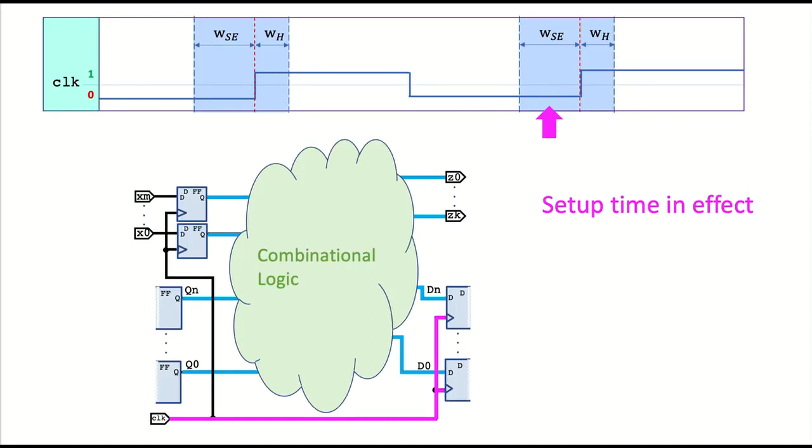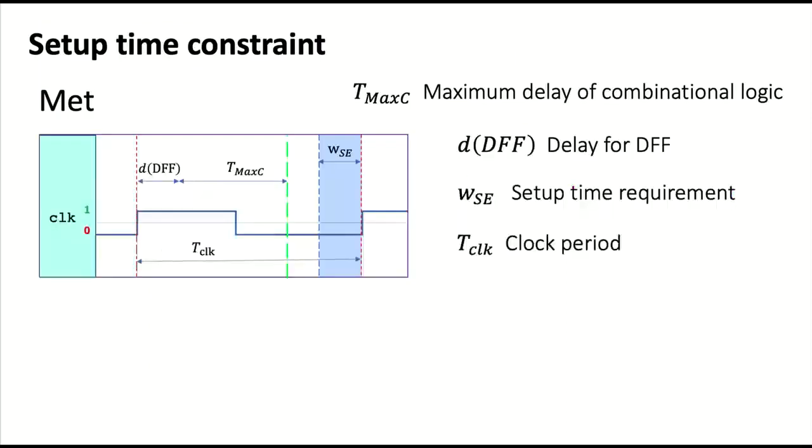All right. So how do we check whether we satisfy the setup time? Let's say this is the output of a flip-flop. The output of a flip-flop could start to change a little bit after the clock edge. The flip-flop itself takes a little bit of time. When we do our sequential timing diagrams, we always make the flip-flop output change a little bit after the clock edge.